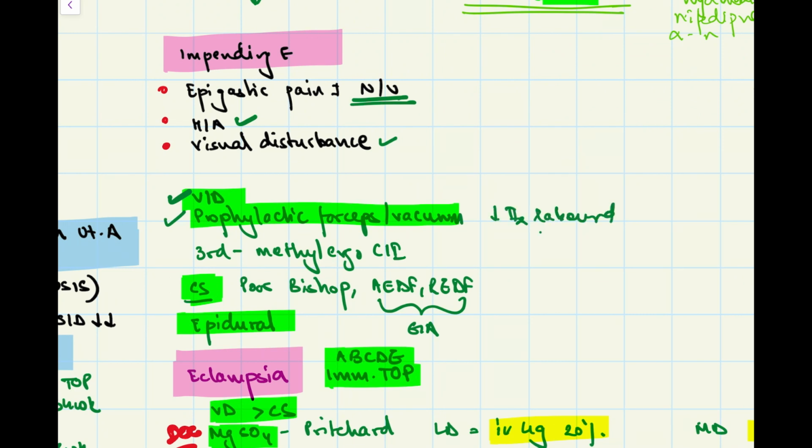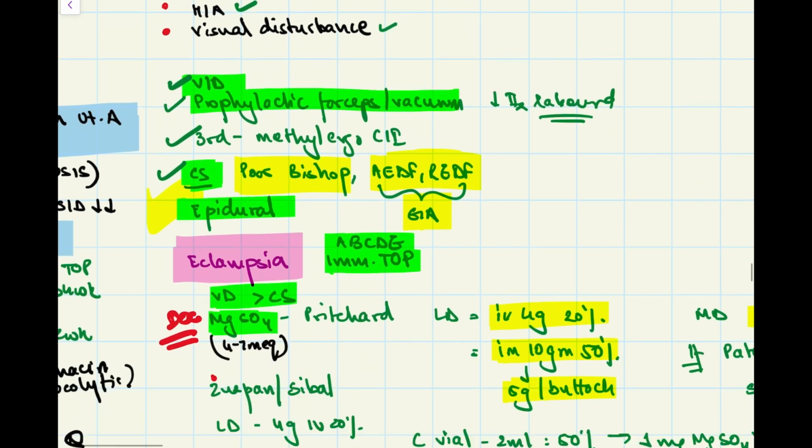In the third stage of labor, methyl ergometrine is contraindicated. C-section is done in cases when the Bishop score is poor or there is absent end diastolic flow or reversal of end diastolic flow. I will be talking about it in a while. And in such cases, general anesthesia is given. Otherwise, C-section can be done under epidural anesthesia.